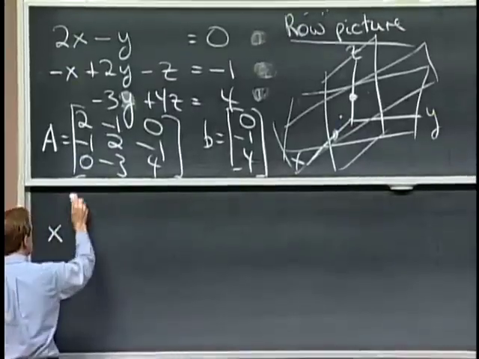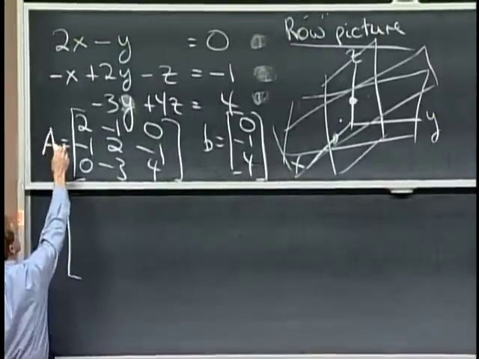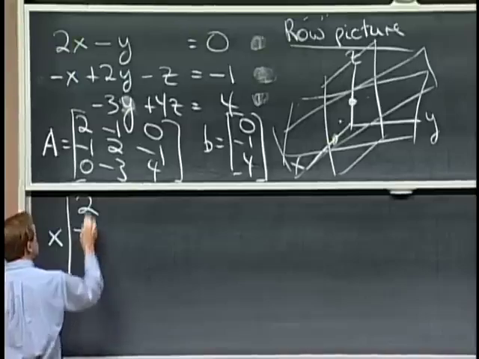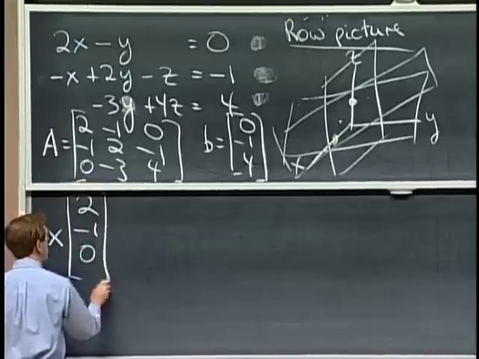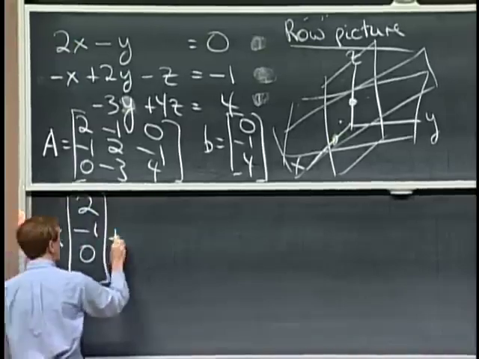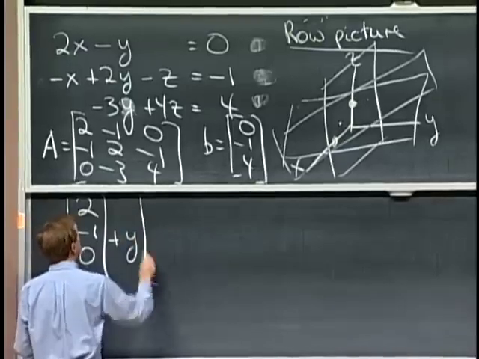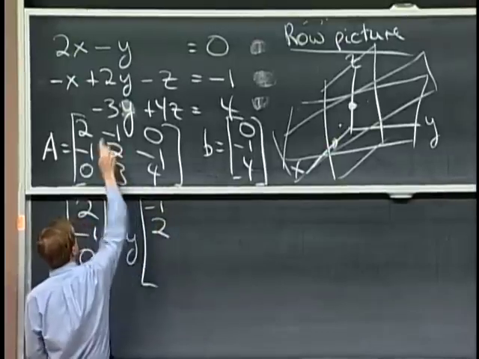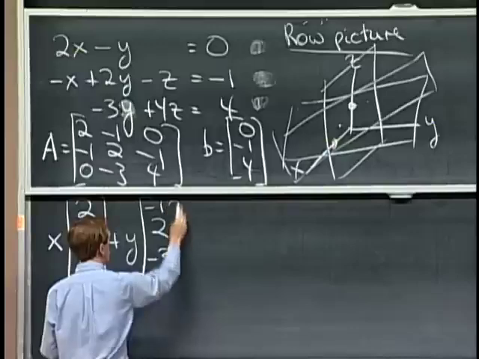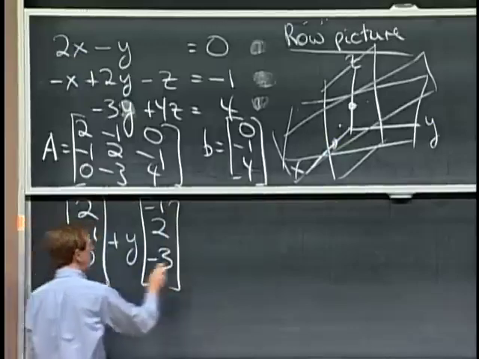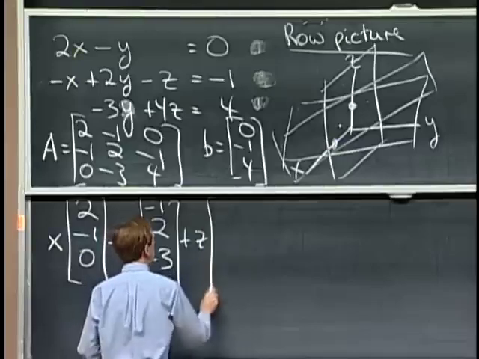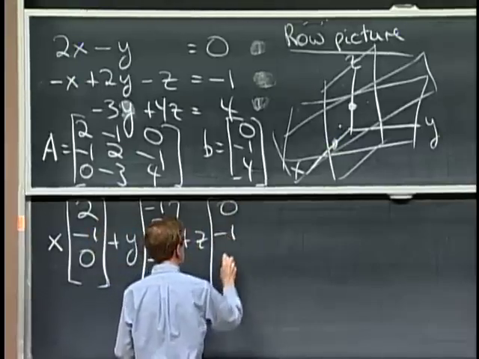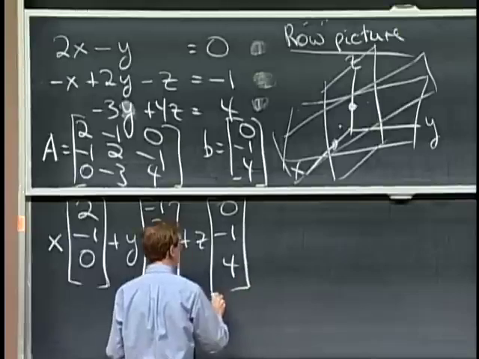That's x times, so there were 2 x's in the first equation, minus 1 x's, and no x's in the third. It's just the first column of that. And how many y's are there? There's minus 1 in the first equation, 2 in the second, and maybe minus 3 in the third. Just the second column of my matrix. And z times no z's, minus 1 z's, and 4 z's.